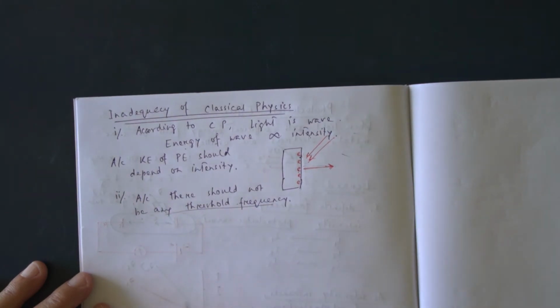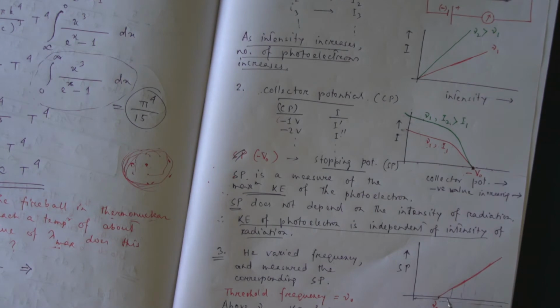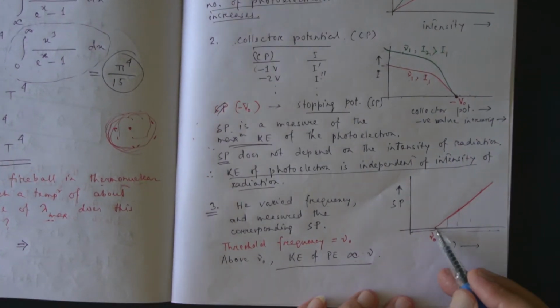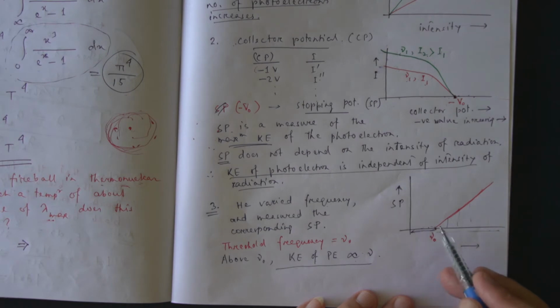We find that there is a threshold frequency below which no electron is emitted, whatever the intensity of the radiation may be. So you see the discrepancy.